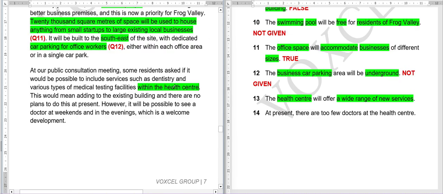So here is something about this. This would mean adding to the existing building and there are no plans to do this at present. However, it will be possible to see a doctor at weekends and in the evenings. So these are the services they have been talking about.